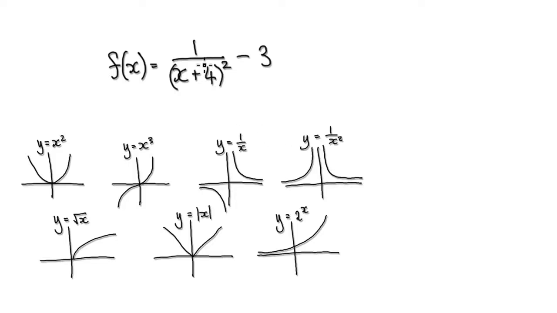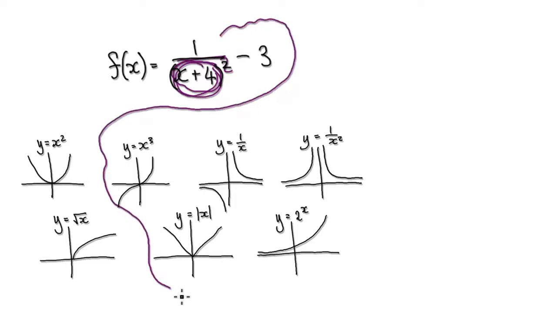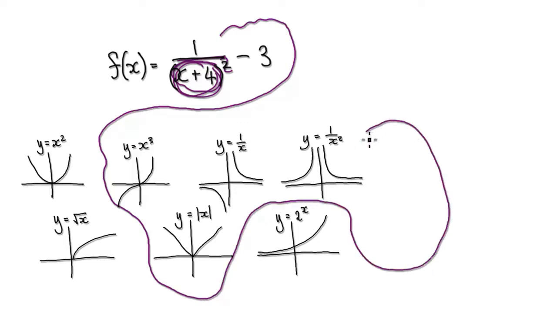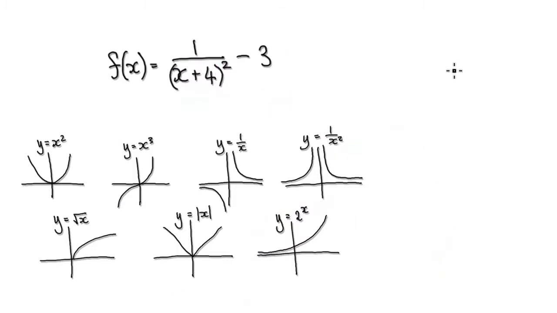Looking at this, this is like a bubble here. So it's 1 over a bubble squared. So really, you should start out with this function here, 1 over x squared.